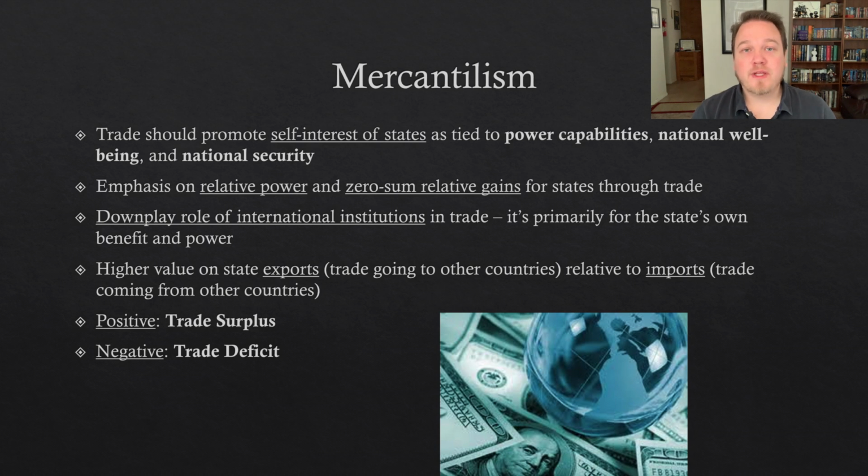This is really the realist approach to international trade. So if you remember back to our theories from the beginning of the semester, this one seems most based in realism. It essentially says that trade should be undertaken for the self-interest of countries.